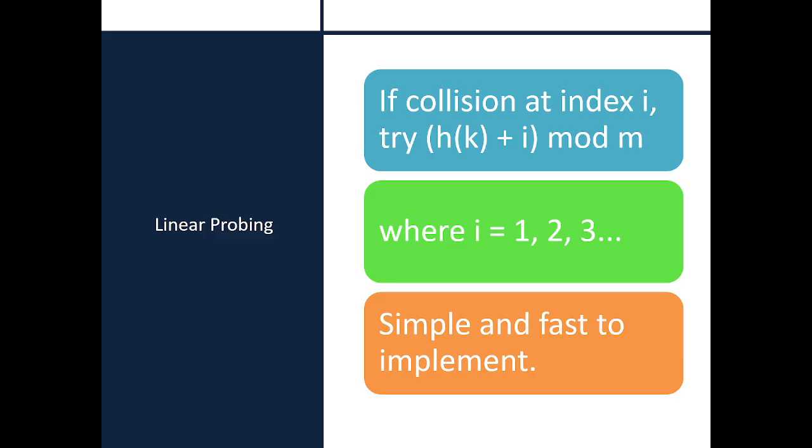If a collision is at index h, you add i to the key and you mod it by M, and i is 1, 2, or 3. It is simple and fast to implement. You just look for the open slot after the collision key.